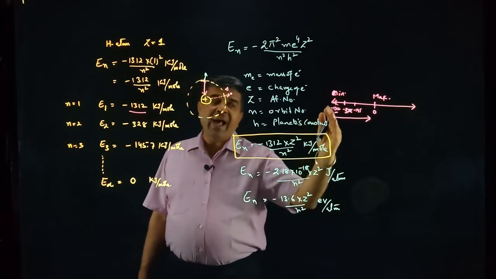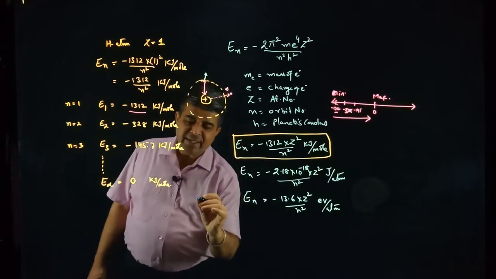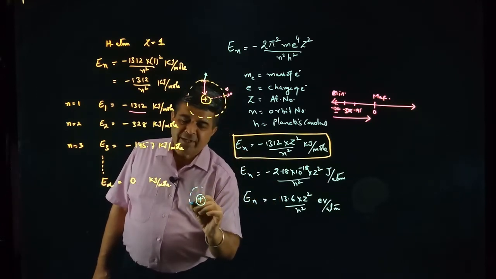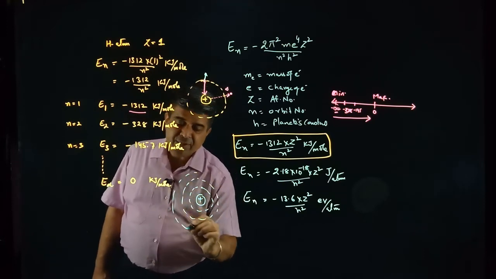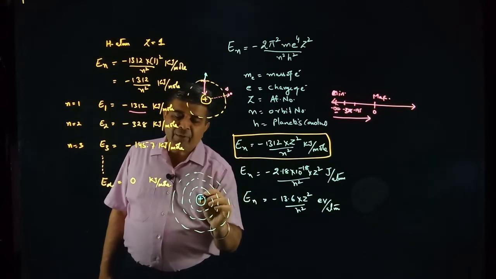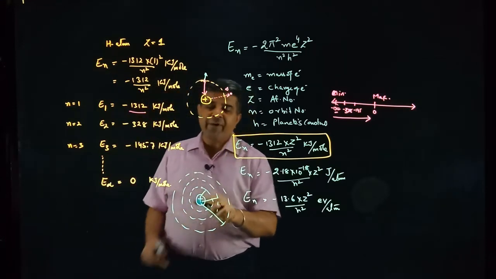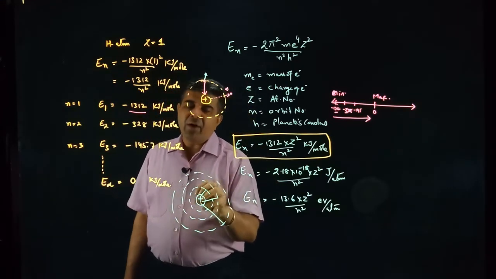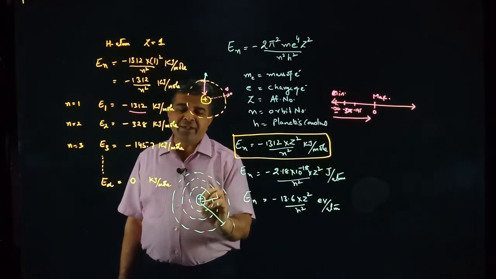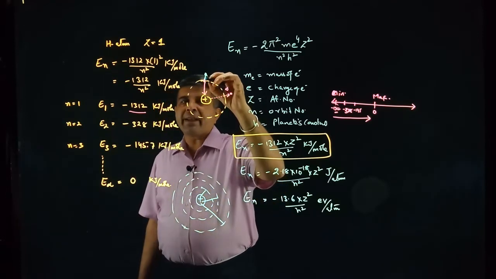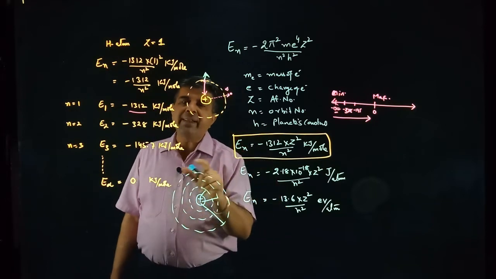But as the electron moves away from the nucleus, say this is nucleus, and if electron is present in the first orbit, it would be this, the second orbit would be this, the third orbit would be this. So as the electron moves away from the nucleus, the attraction force of the nucleus would decrease, and because of the decrease, the negative pull that is generated by the electron would also correspondingly decrease to be in that stationary state.